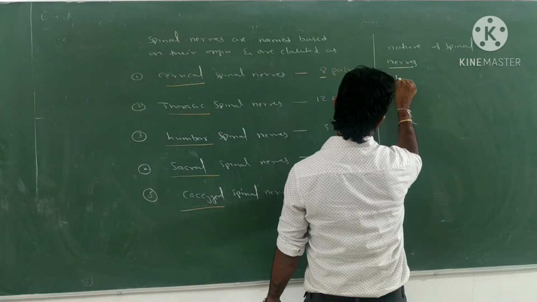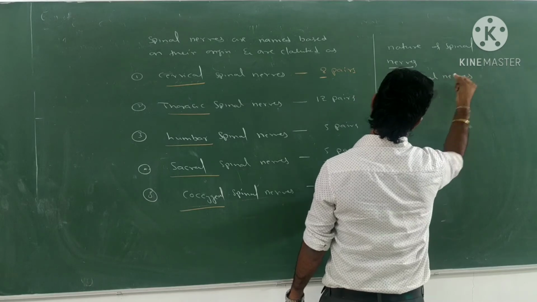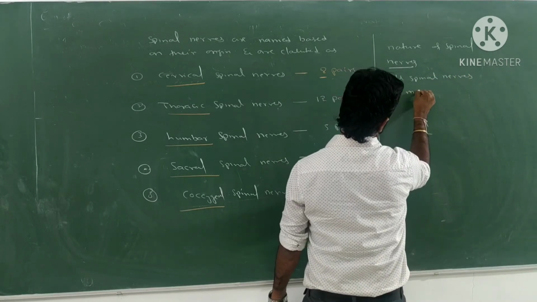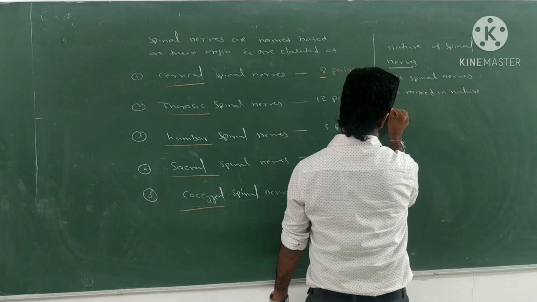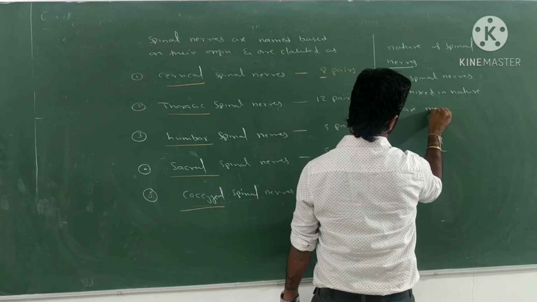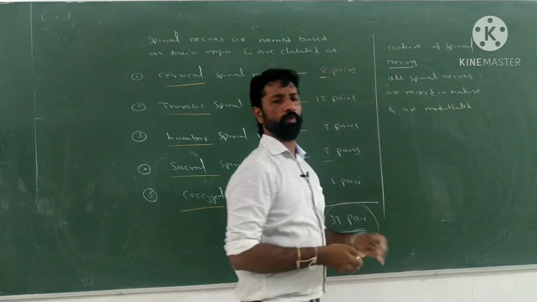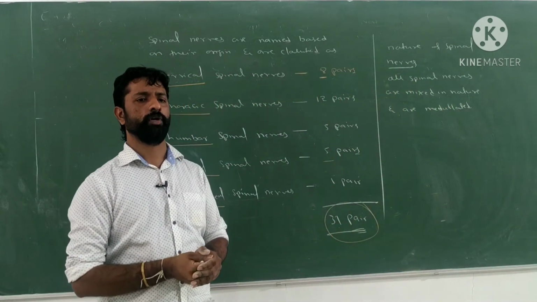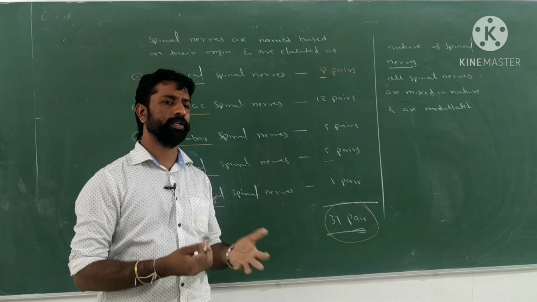So here all spinal nerves are mixed in nature and are medullated. What do you mean by medullated? Covered by myelin sheath.